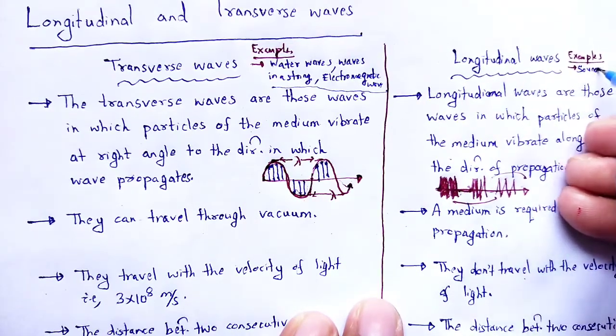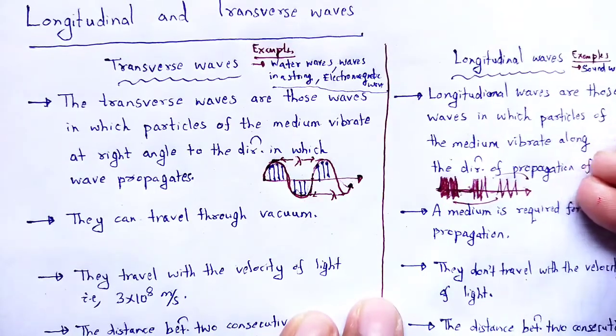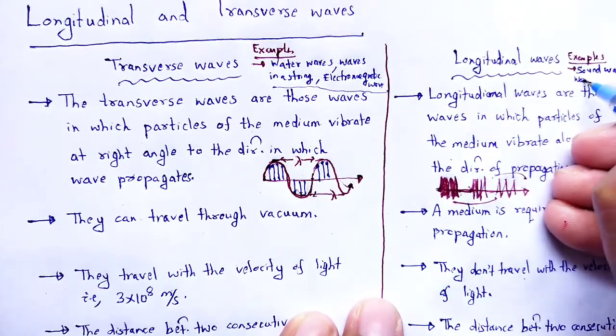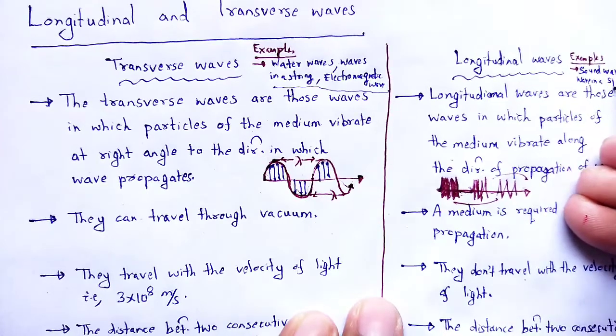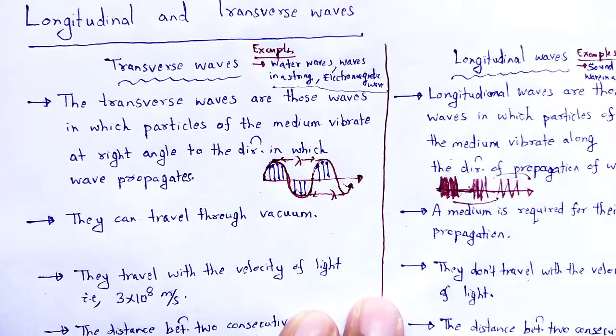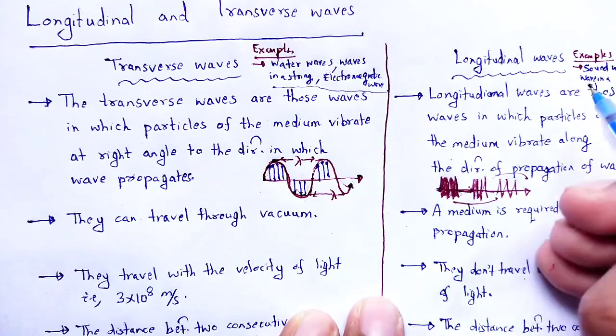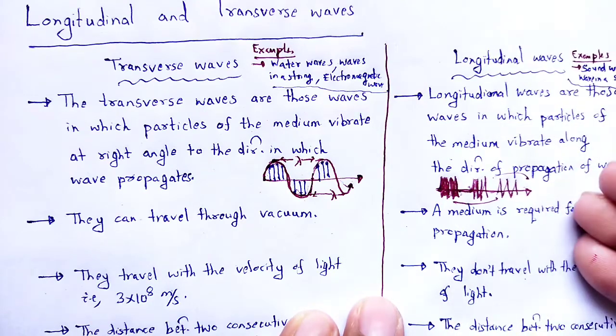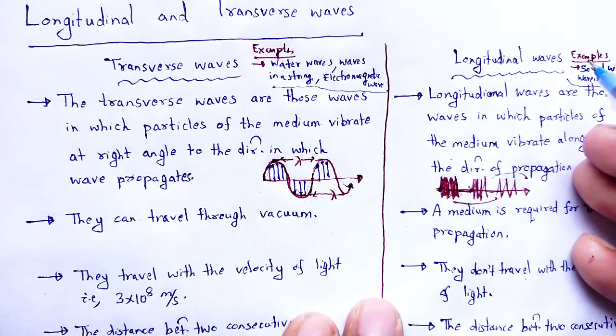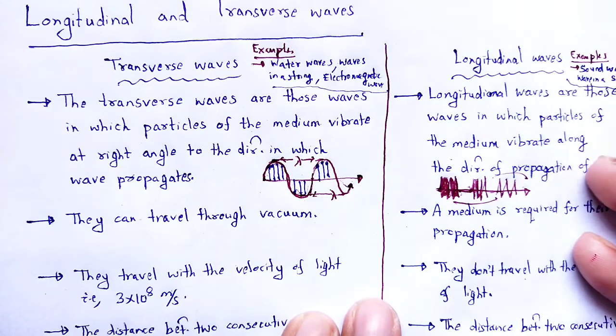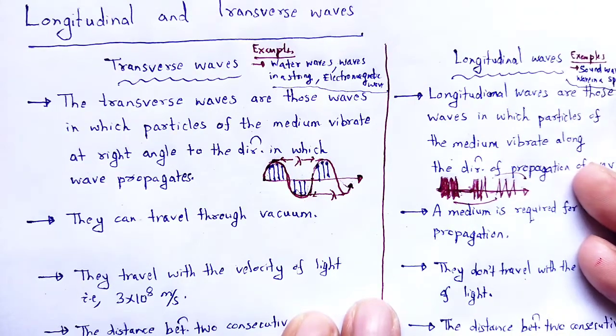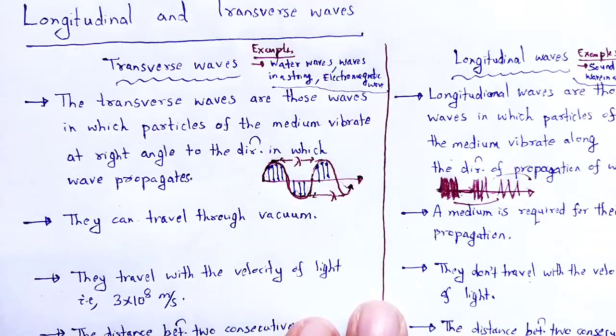Sound waves and waves in a spring are some examples of longitudinal waves.